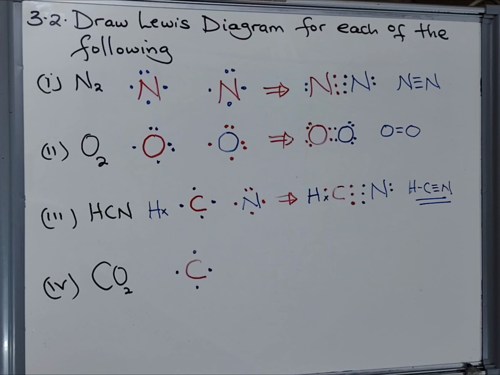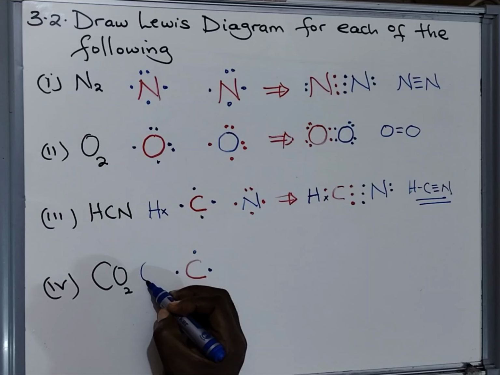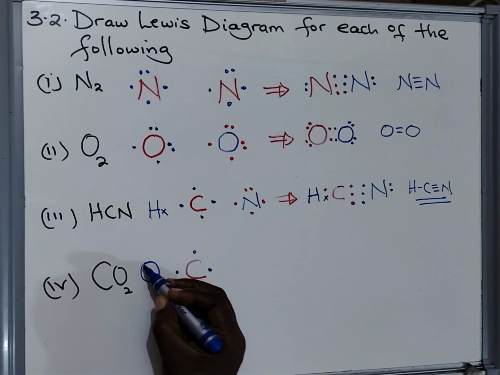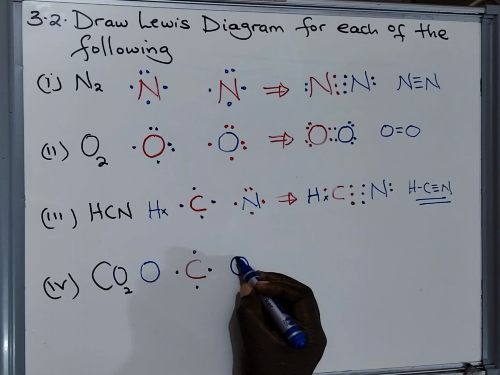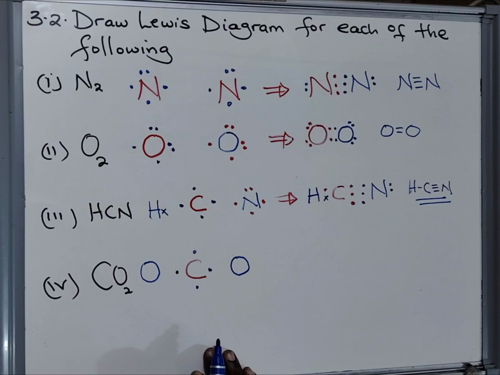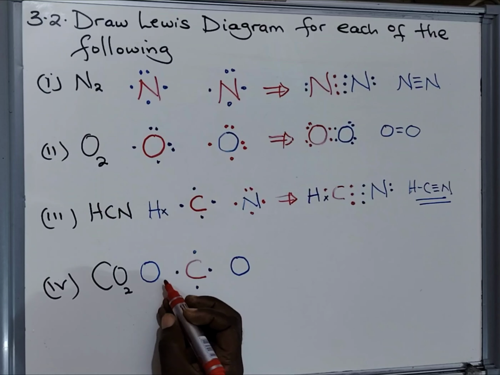Then if you look at our oxygen, there are 2 oxygens involved here. 1 oxygen is here and 1 oxygen is there. And oxygen belongs to which group? Group 6. So if you distribute the electrons, what are you going to say?